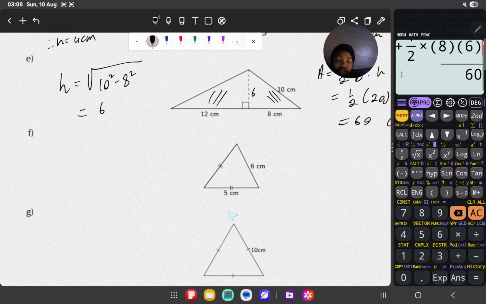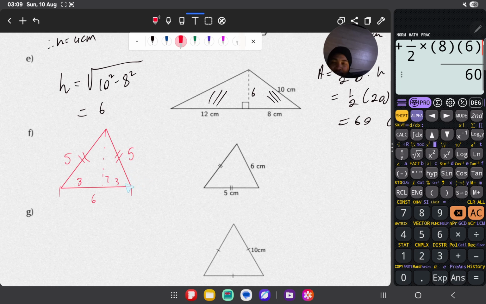We have this one. So first of all, let's put this shape in a proper manner. You have this and that, right? This is 5, this is 5, and you have your perpendicular height. You have 6 as the base, so from here you have 3, you have 3.